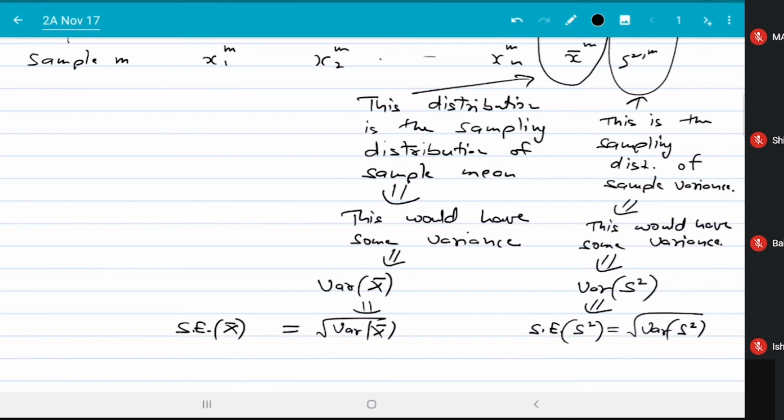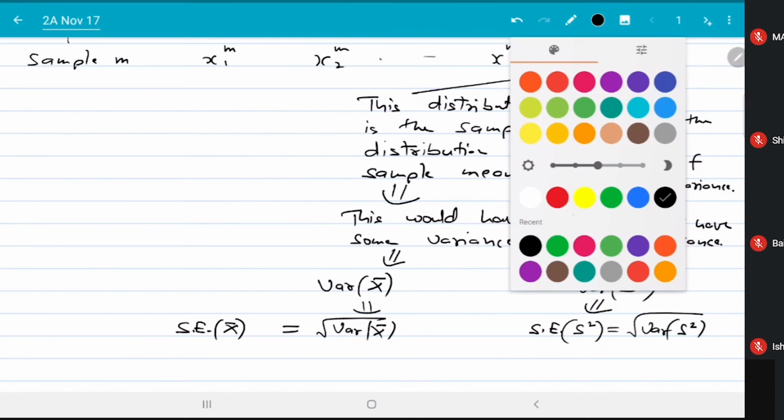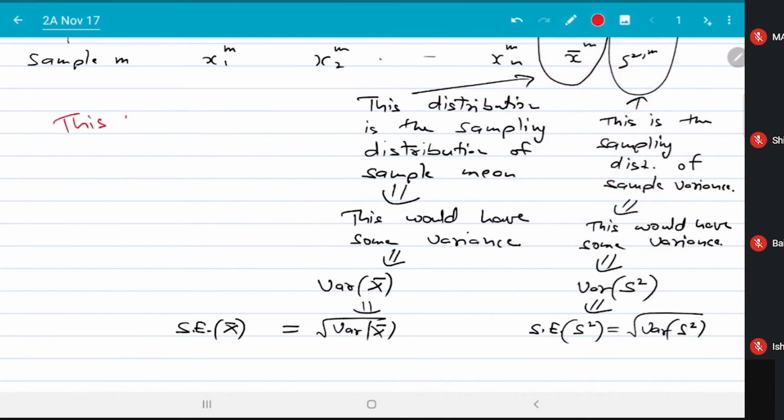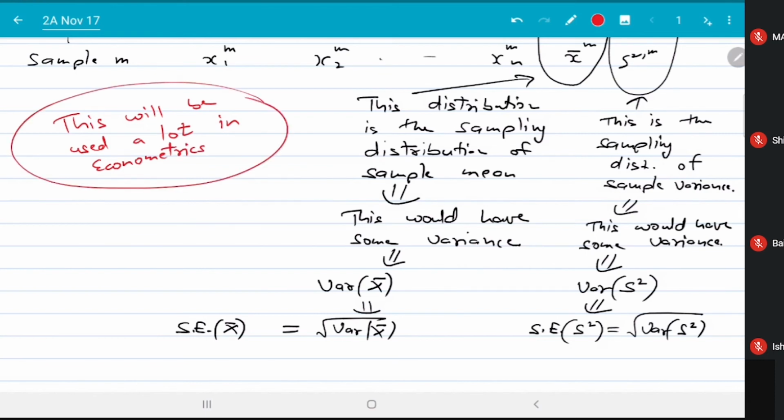So it's a good practice to write down the standard errors of the estimator alongside the reported value of the estimate. This will be used a lot in econometrics. We will have samples, run our regression, get particular estimates, and report the standard errors alongside.